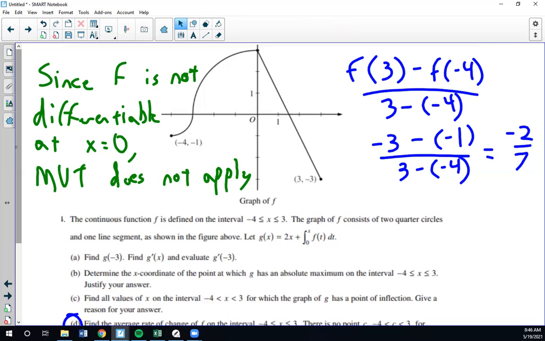The mean value theorem doesn't apply, or does not have to apply, because our function is not differentiable. Question?